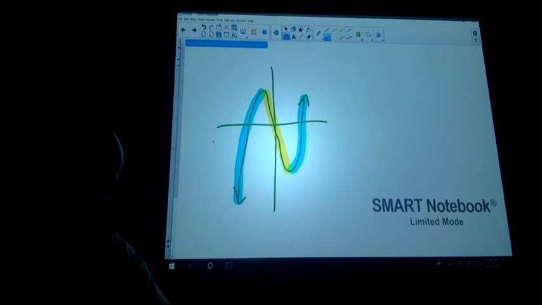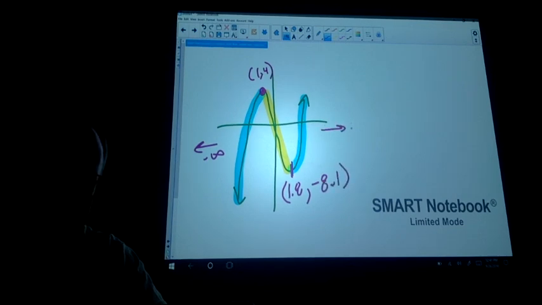So this is in this direction coming from negative infinity, and then I'm getting to this point right here, and that point appears to be negative 1, 4. What do you think? I'm just trying to make it the closest values. And then this point here appears to be, I don't know, gosh, they didn't make it exact. It would have been nice. What do you think about 1.8, negative 8.1? Would that be okay if I said that? And then this graph is continuing to grow this way to infinity.